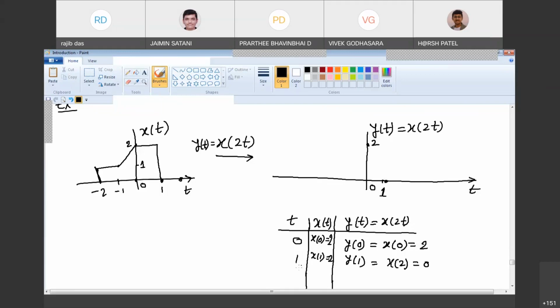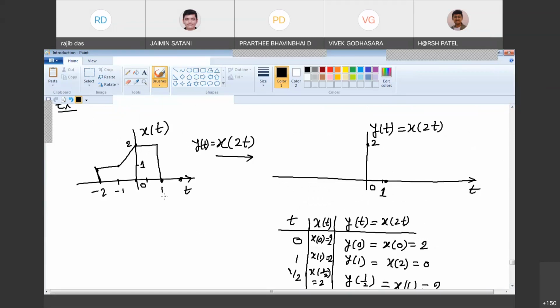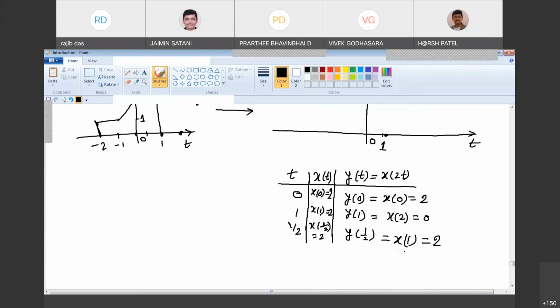Now, if I consider t equal to half, then x of half is also 2. Within 0 to 1, it is a constant at 2. So you see here, y of half is nothing but x of 1, and x of 1 is given as 2. So what is the meaning? This x of 1 point is mapped with half.